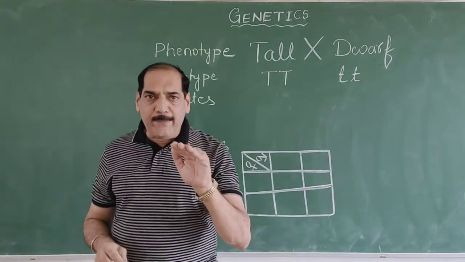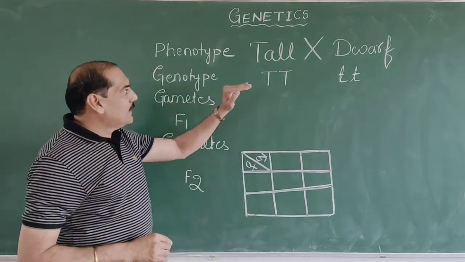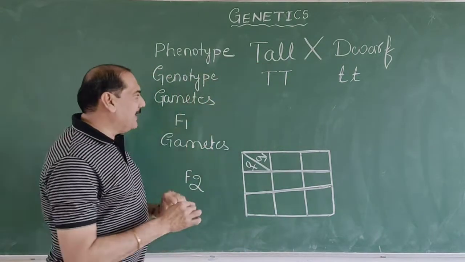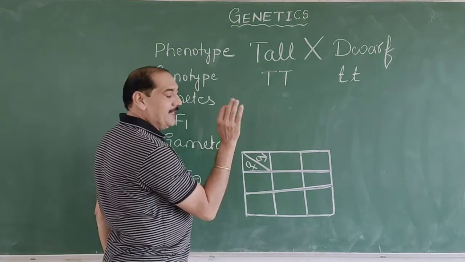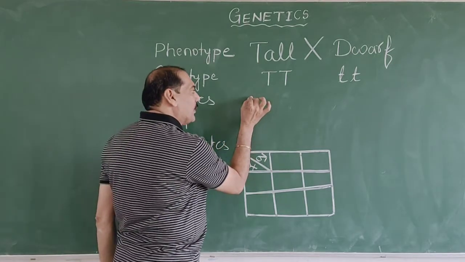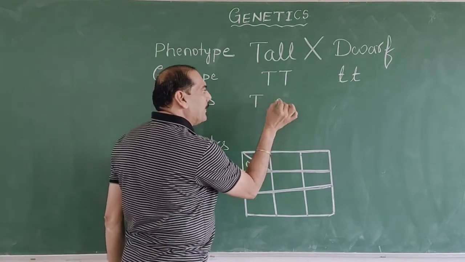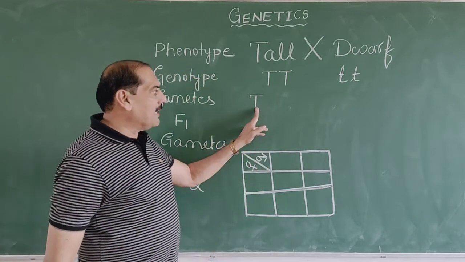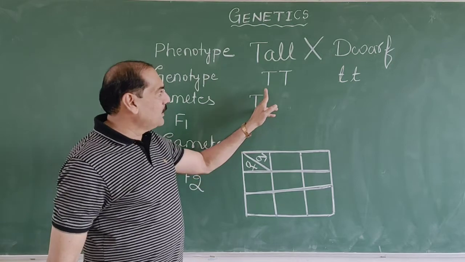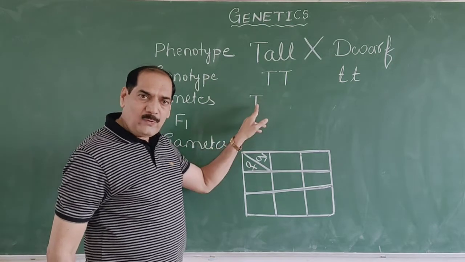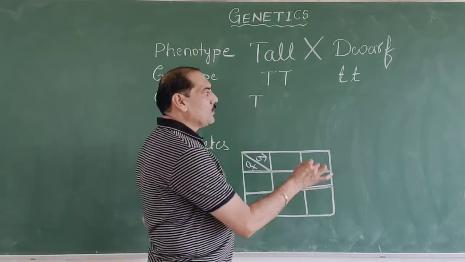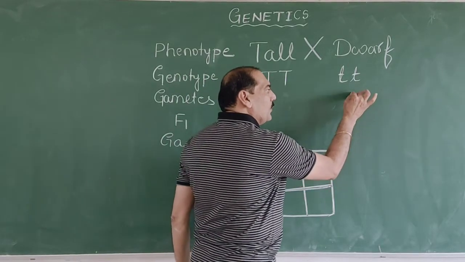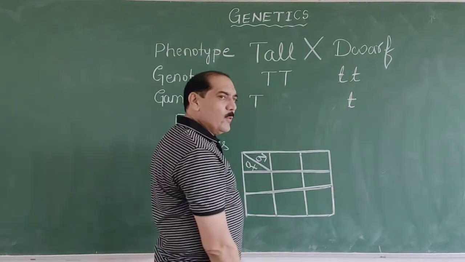So during gametogenesis, gametes are produced, and the gametes are of the same type. Capital T, only one type. Two gametes are of one type. Here also, two gametes are of one type.